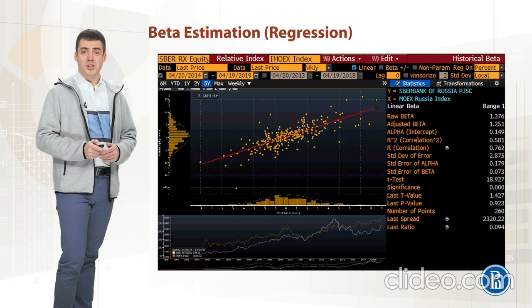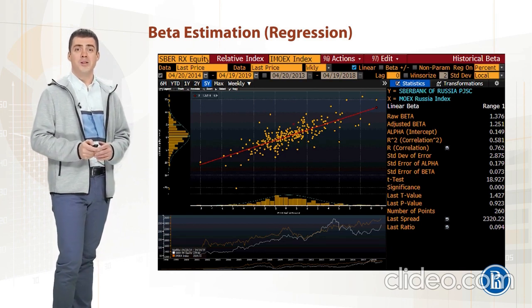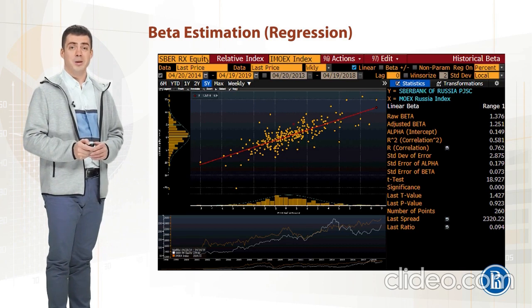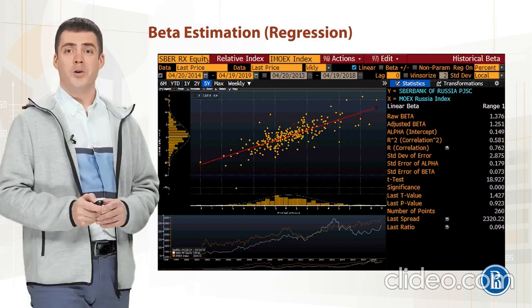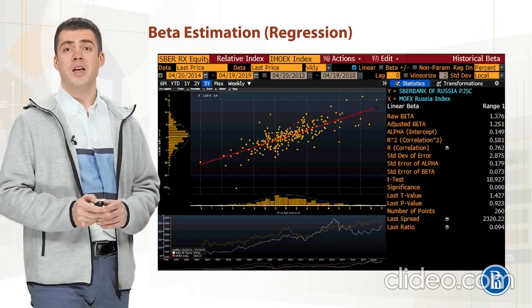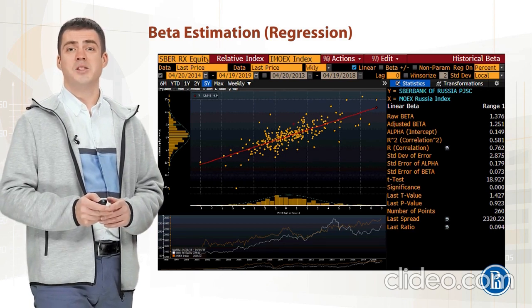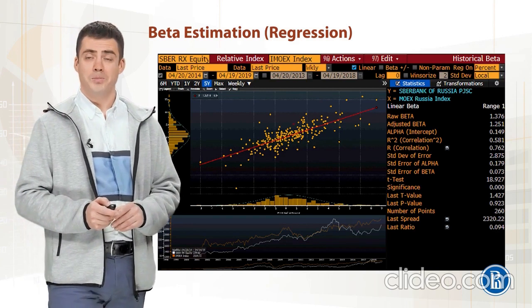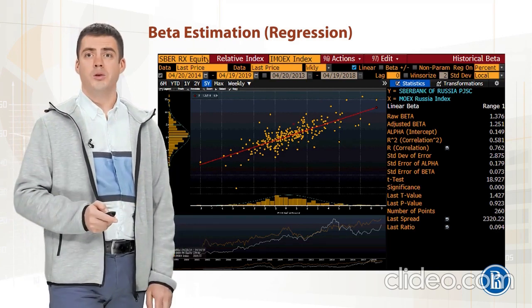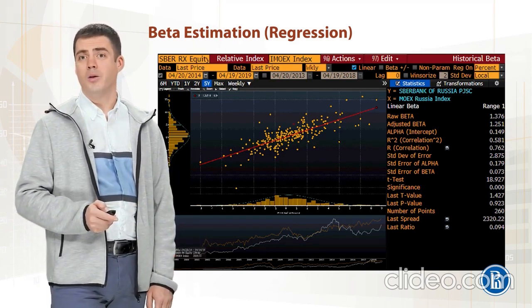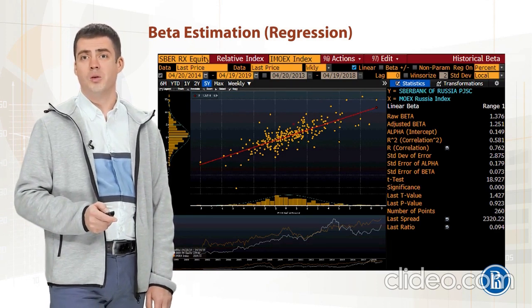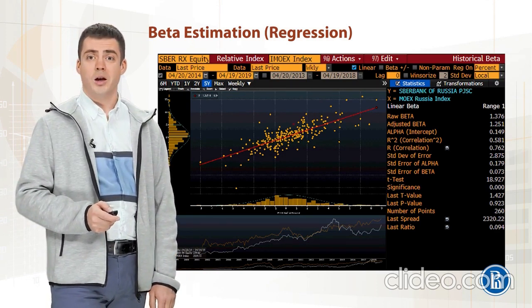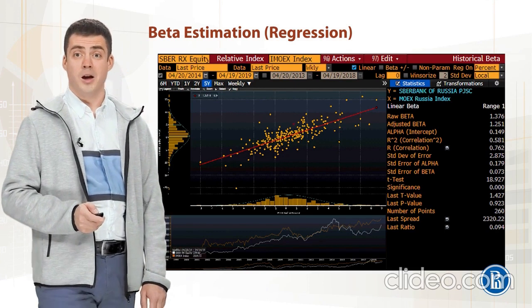And just as with any type of regression, we are facing some estimation problems. For example, the CAPM does not specify which return frequency should be taken. Should we use daily, weekly, or maybe monthly returns in order to measure the expected returns?